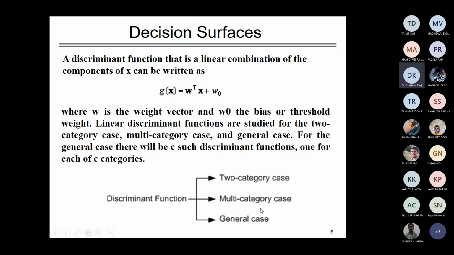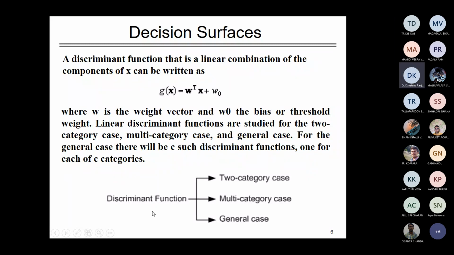In the general case there will be C discriminant functions, one used for each of the C categories.